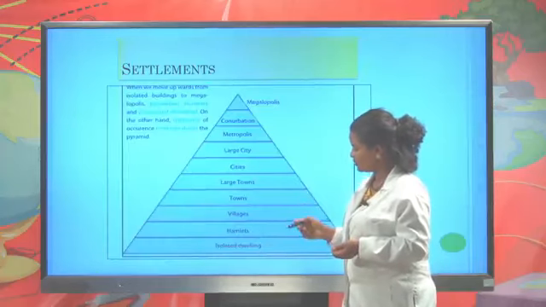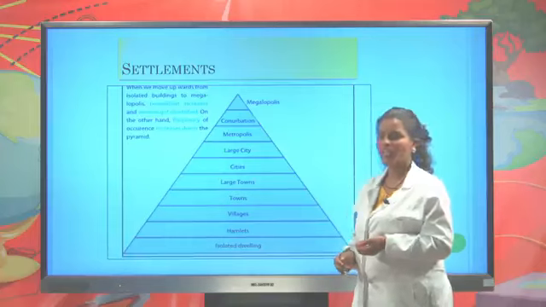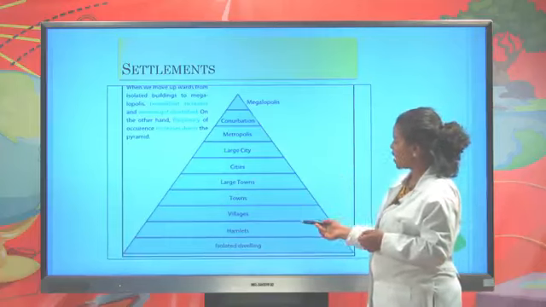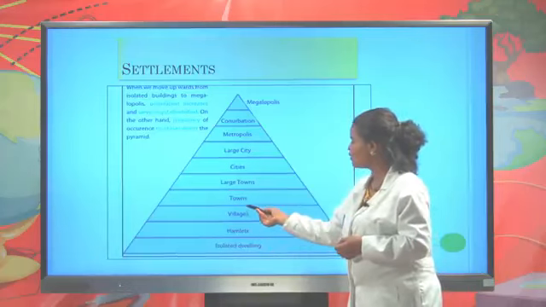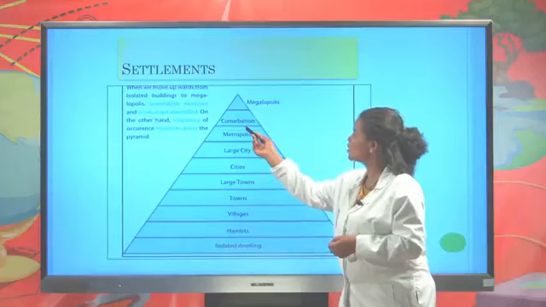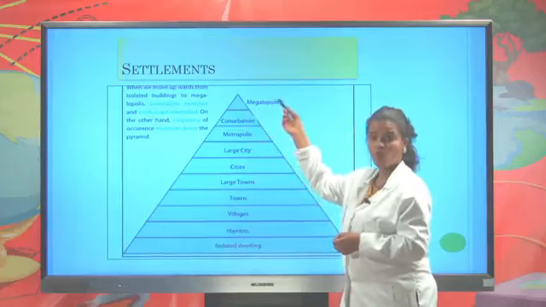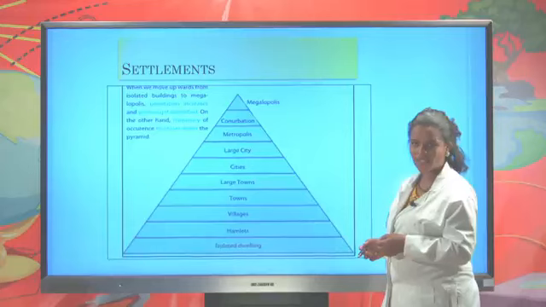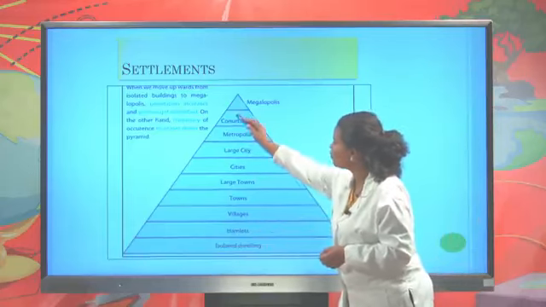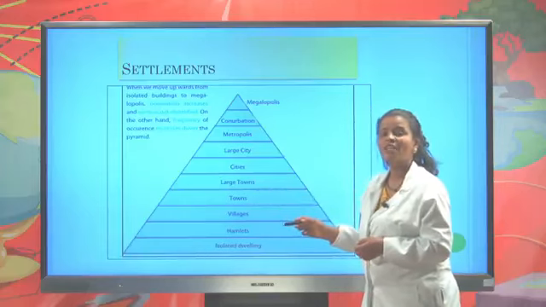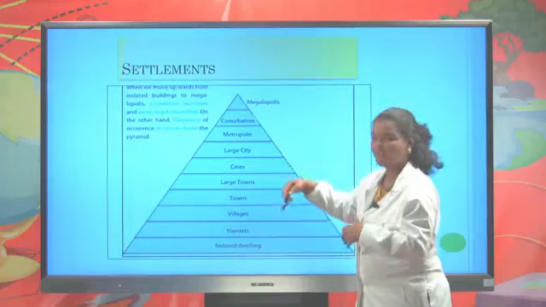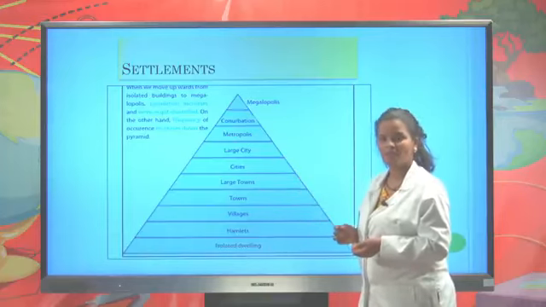When we see this pyramid, it has different settlements: isolated dwelling, hamlet, village, town, large town, city, large city, metropolis, conurbation, and megalopolis. When we move from the bottom to the top of the pyramid, the population number increases, and also services diversify at the top of the pyramid.